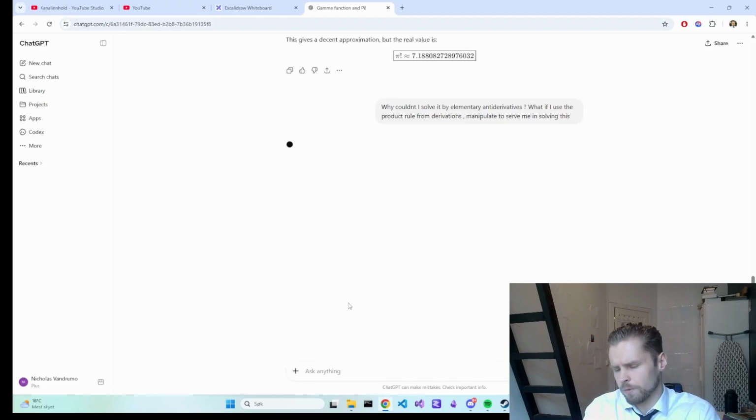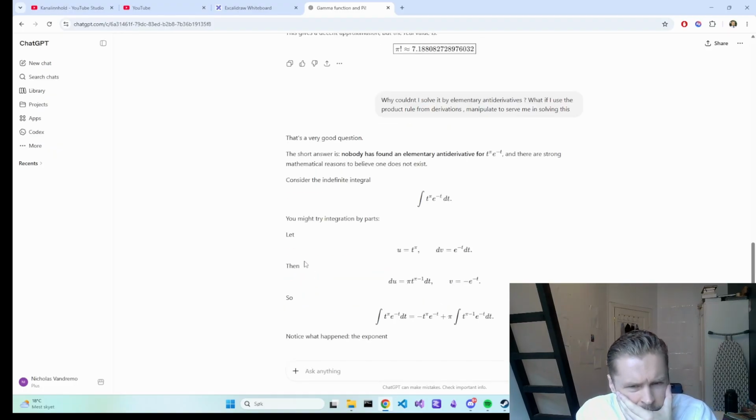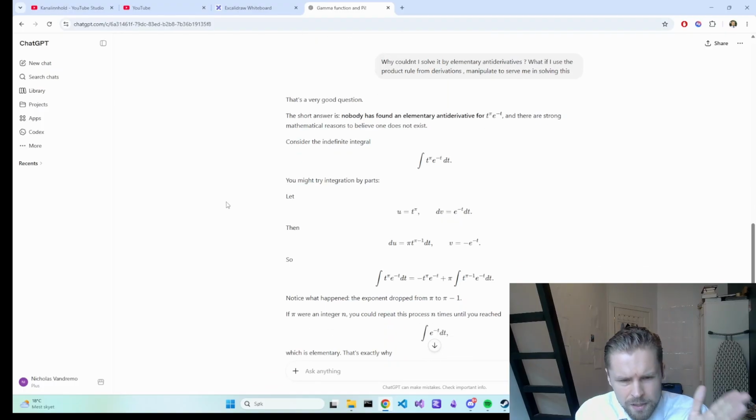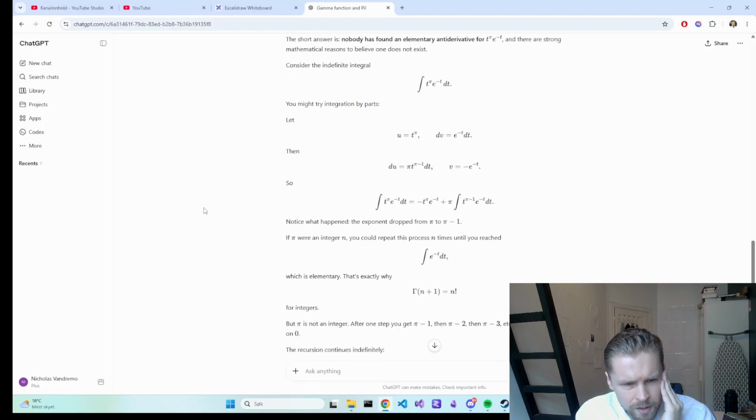I don't know what I'm saying right now. Okay, but there are strong mathematical reasons to believe one does not exist. Yeah, because it's a product, right? Is it not integration by parts? That's what I was trying to get at.